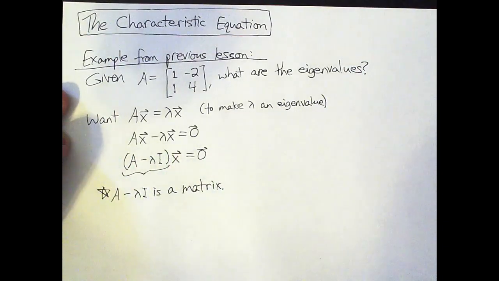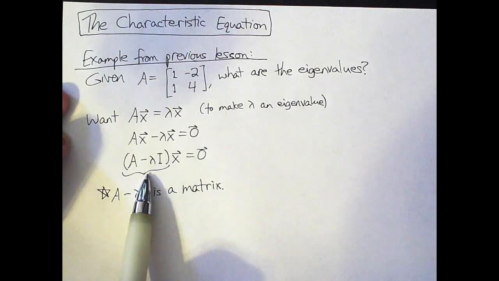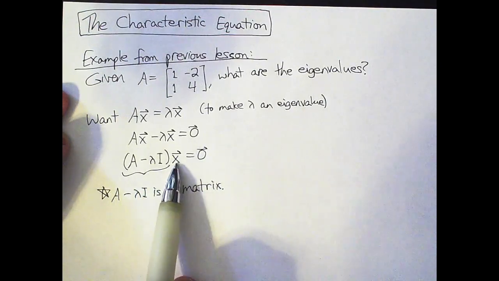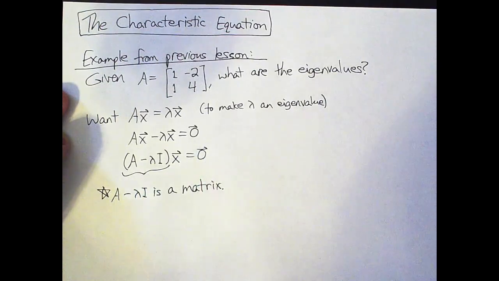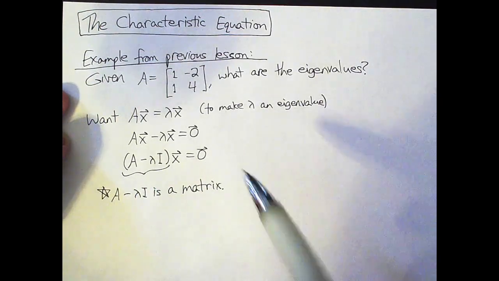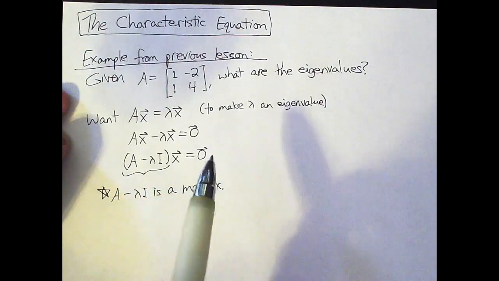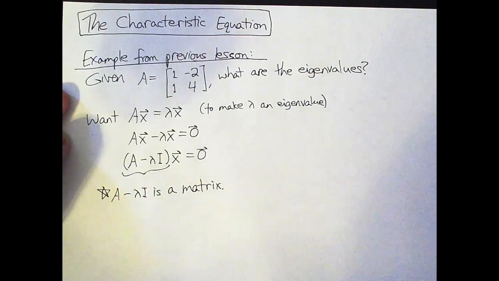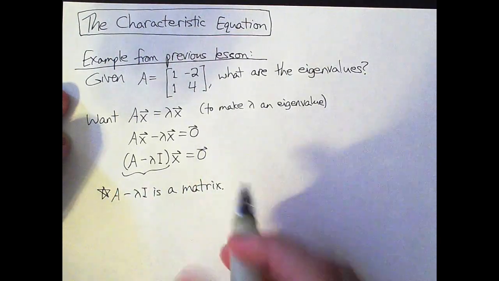This whole equation right here looks like a homogeneous equation because it's a matrix times a vector equals the 0 vector. So this is a homogeneous equation. The matrix is not A anymore. The matrix is A minus lambda I, but it's still a homogeneous equation.